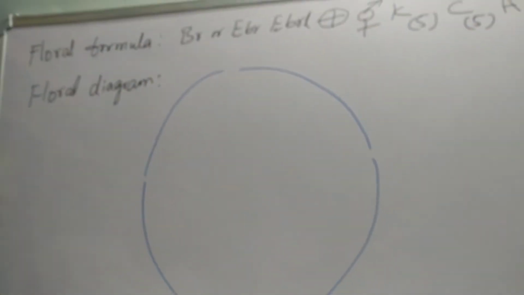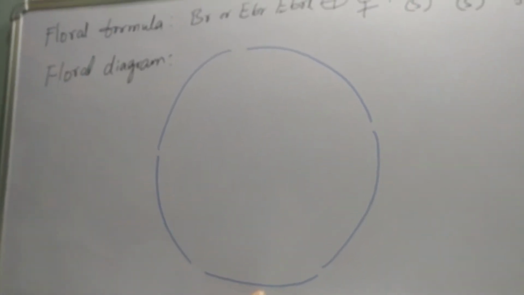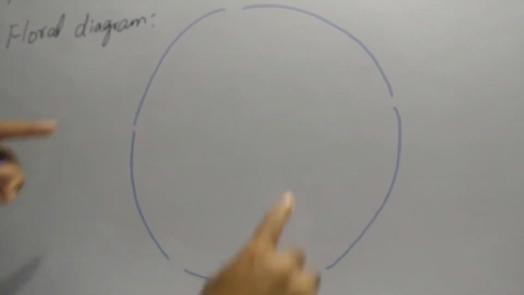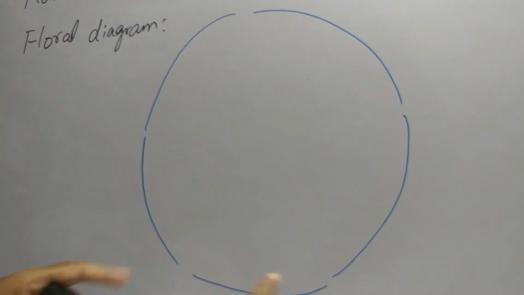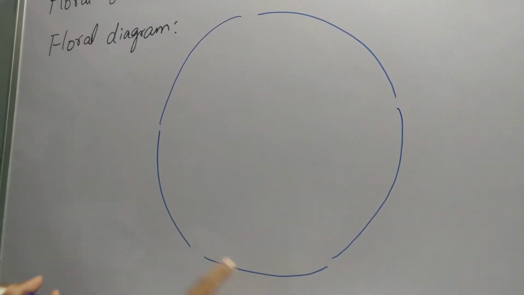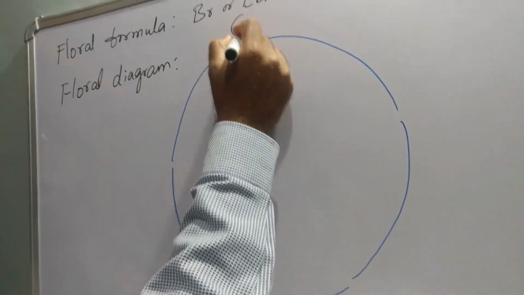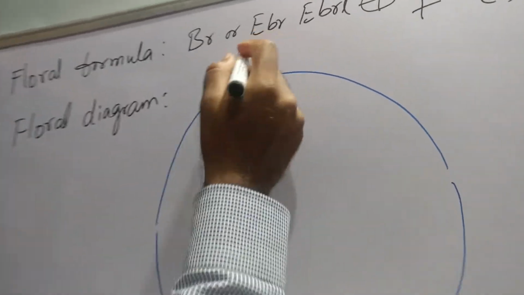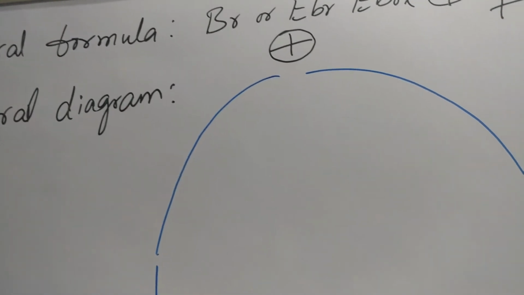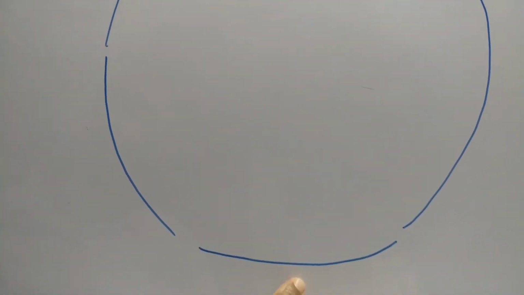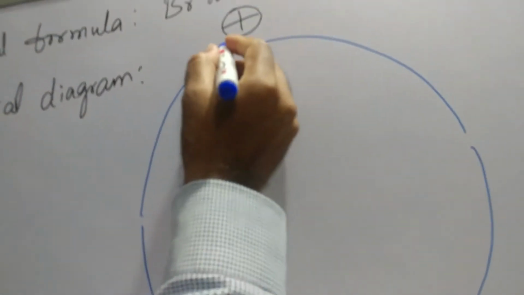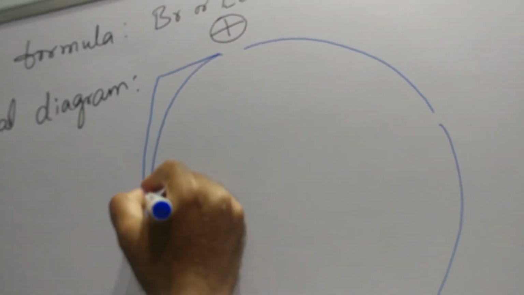In the sepals, the odd sepal is on this side, anterior. So totally 5. Among these, the odd sepal is present anteriorly and the mother axis is present posteriorly. So this is the mother axis, and anteriorly we find the odd sepal. So sepals can be shown like this.